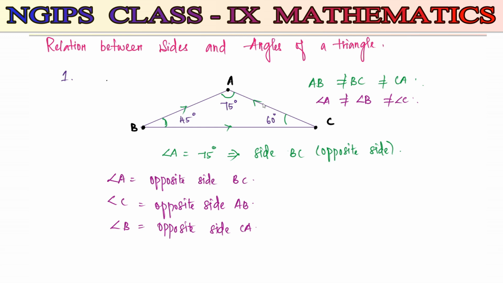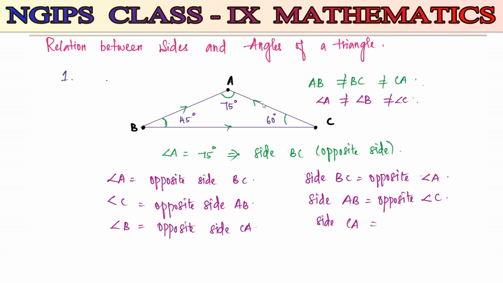So for example, for the side BC, the opposite angle is A. When the length BC is greater, the corresponding opposite angle A is also going to be greater. Next, side BC opposite angle is A. Side AB opposite angle is C. Side CA opposite angle is B.